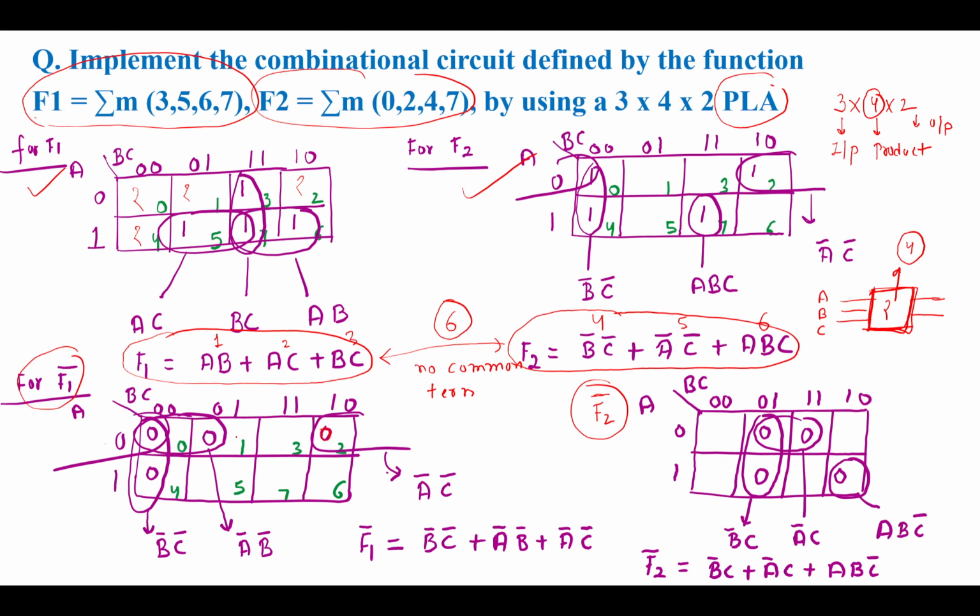You have to write 0 0 0 0 in the remaining blocks, because we are going to complement. We have taken the complement of F1, and similarly F2 is complemented here. So after pairing we get the functions F1 and F2 bar, so we get F1, F2 and F1 bar and F2 bar.